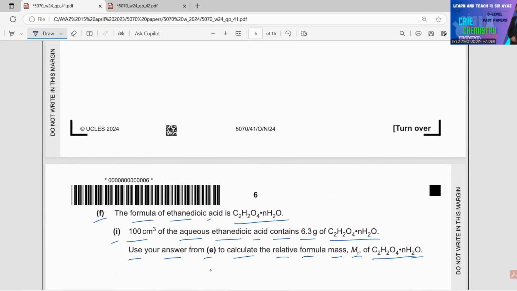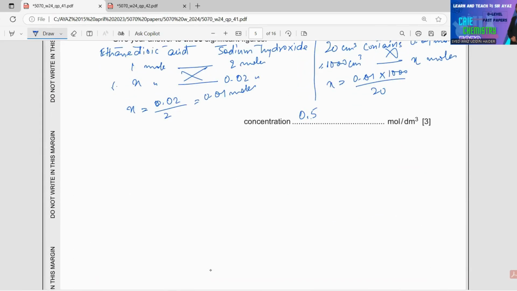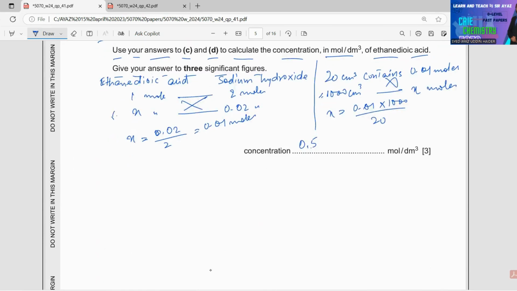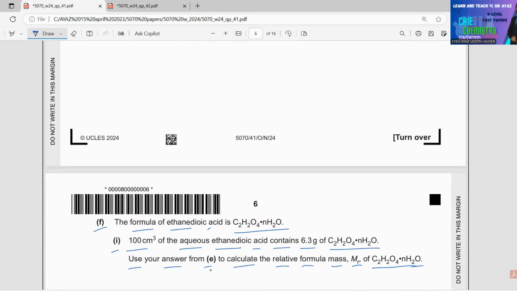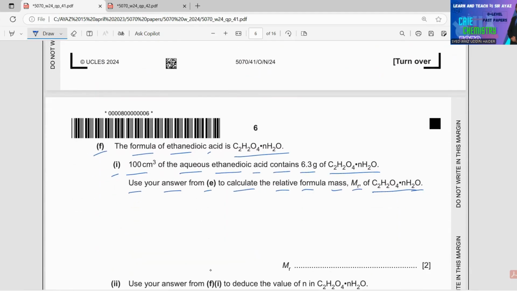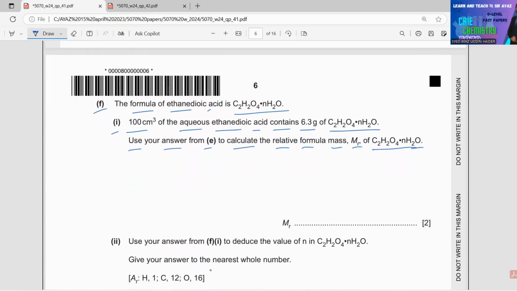So if you look here, they are saying 100 centimeter cube contains 6.3 grams of ethanedioic acid.